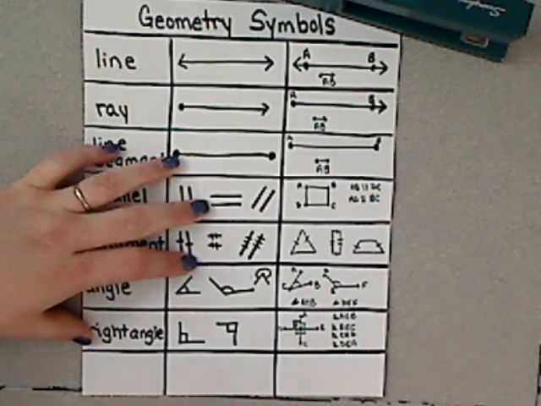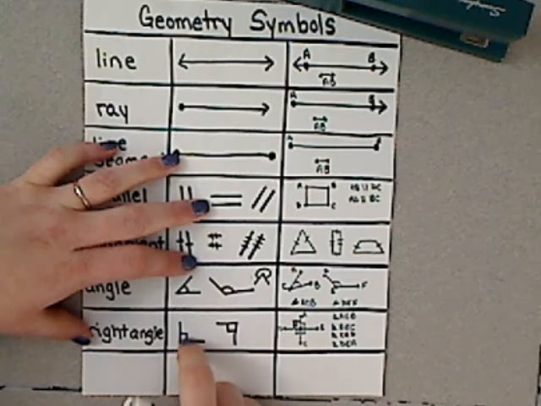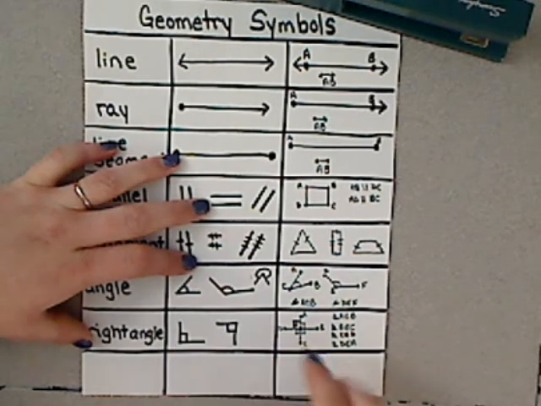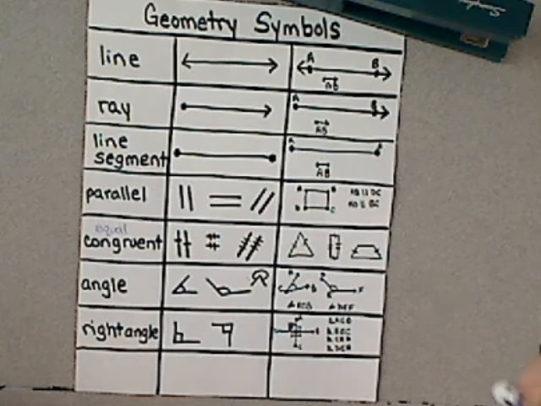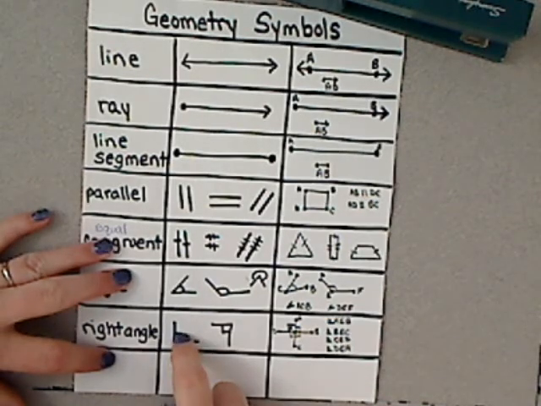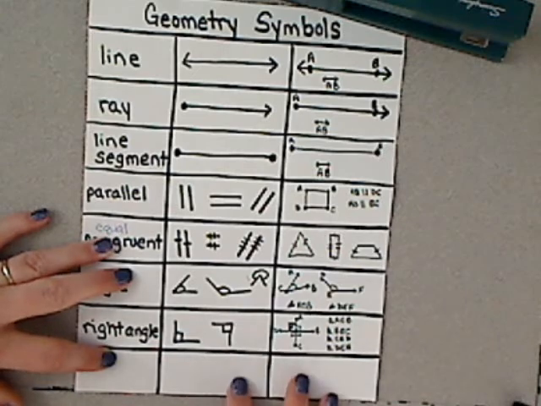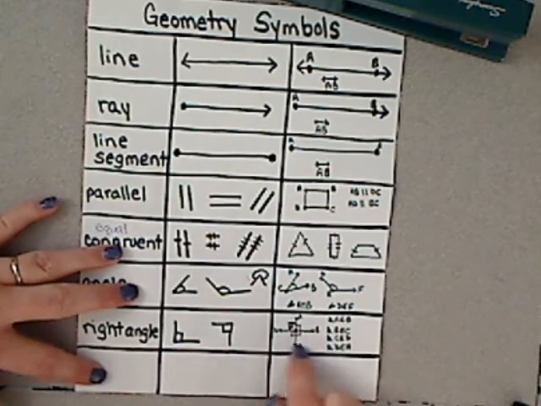Right? And a right angle is notated by this little square in the corner. That's what they actually call it. They say that a right angle is a square angle because they put that little square in there. And you can also see this here in this figure.